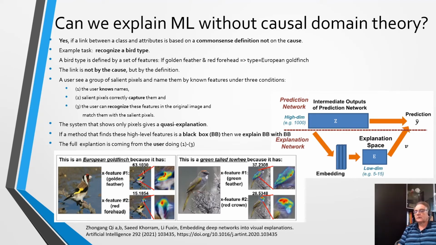Why? Because the rest needs to be done by a user. All these three points need to be completed by a user, which we just listed. Moreover, if a method to find these high-level features is a black box itself, then we explain a black box with a black box. Thus, the full explanation is coming from the user doing 1-3.